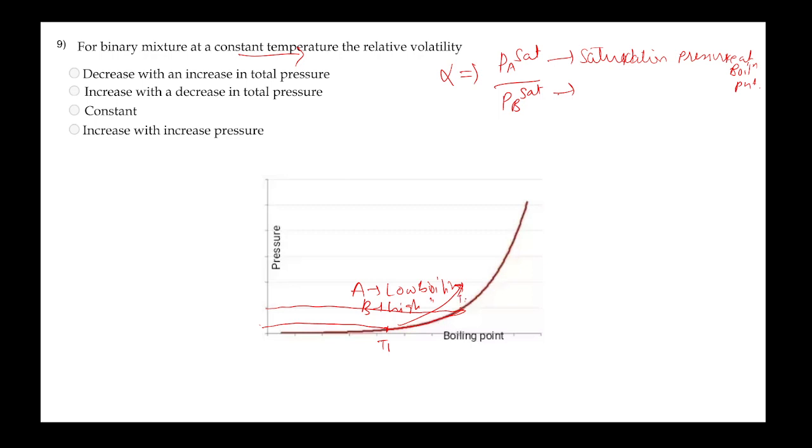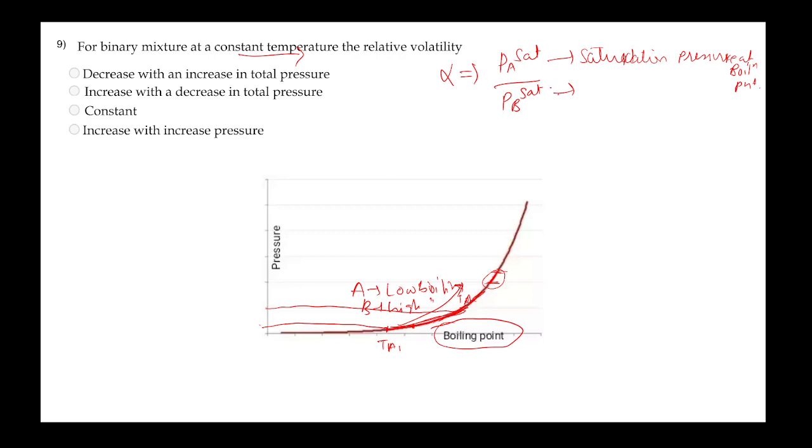For component B, the change in boiling point will be less, because here the change will be more, and for the higher boiling component, for the same change in pressure, the change in boiling point will be less.